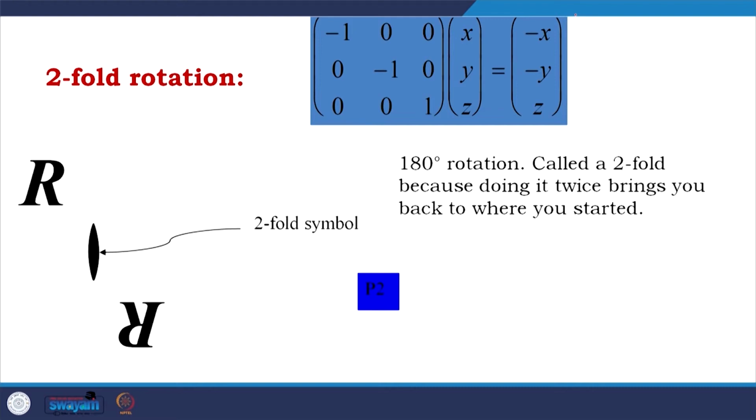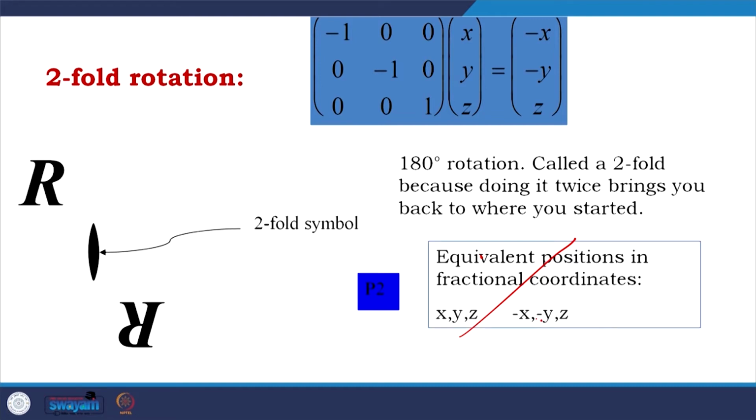So, two-fold axis here to here, the difference when you see rotation with reflection is the change. So, it would be the point from where the rotation has operated. Equivalent position in fractional coordinates, I will explain what is fractional coordinate, is x, y, z and minus x, minus y, z. So, z would stay as z, the other two would be changed.